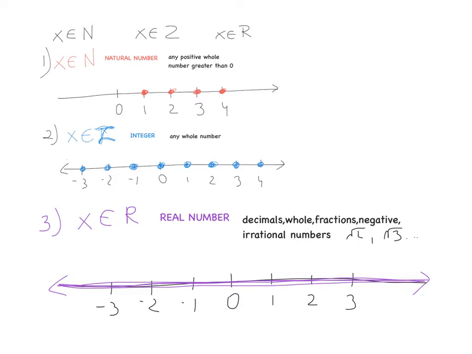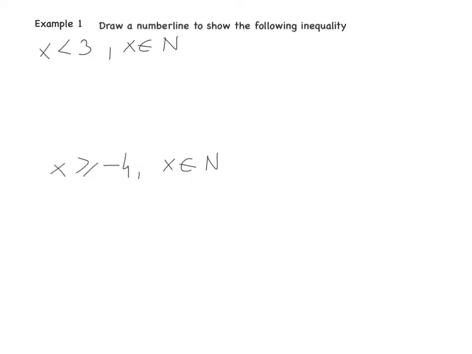Okay, so we have the first question in here, and we know that we need to draw a number line to show the following inequality. So first of all, we need to draw a number line, and we have 0, 1, 2, 3, 4.